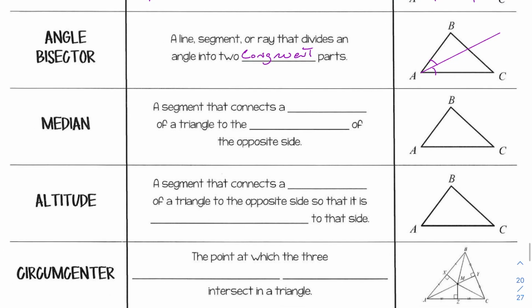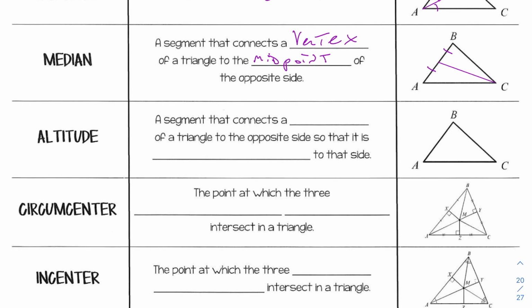If we have a median, it connects a vertex of a triangle to the midpoint of the opposite side. So let's do this. And we do not expect it to hit the other side at a right angle.